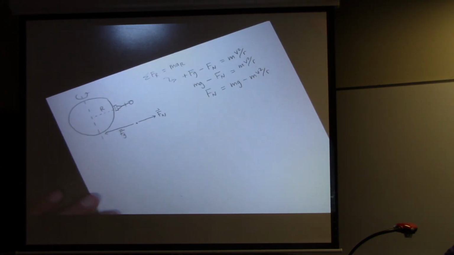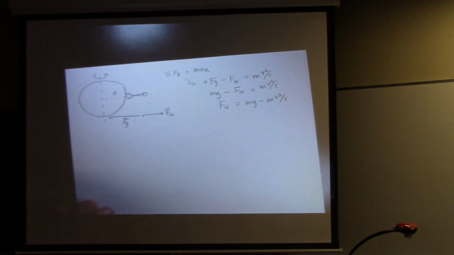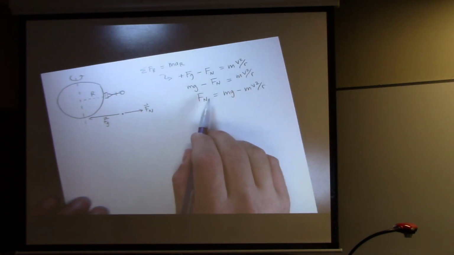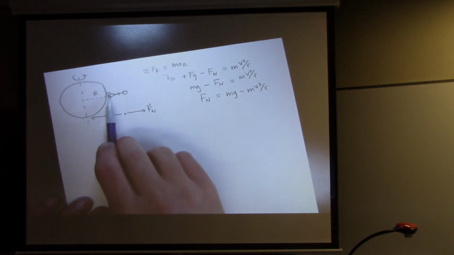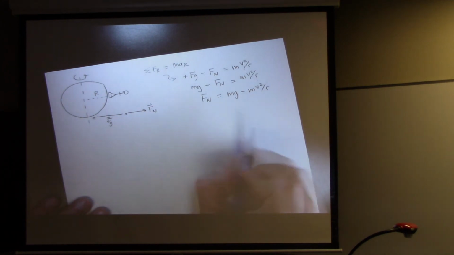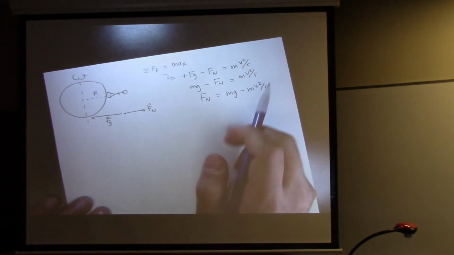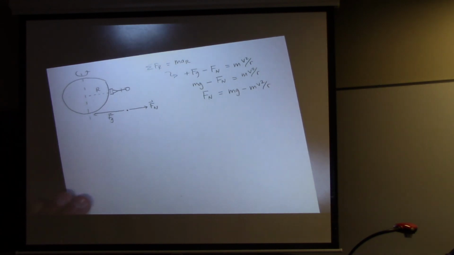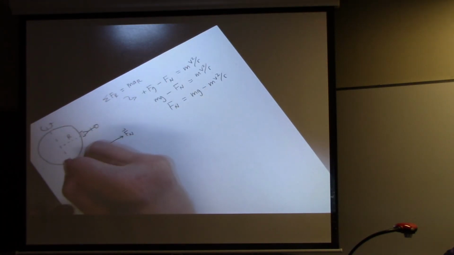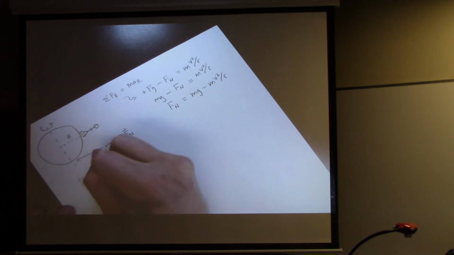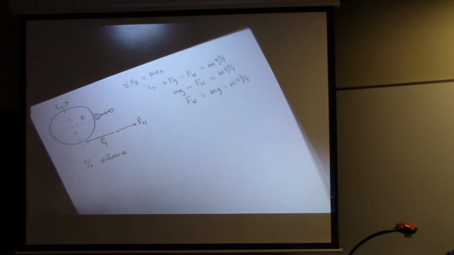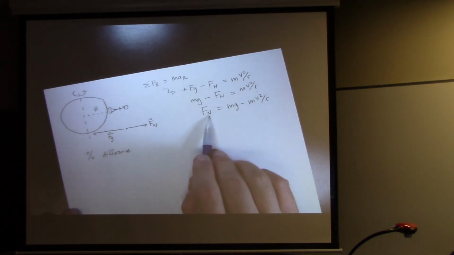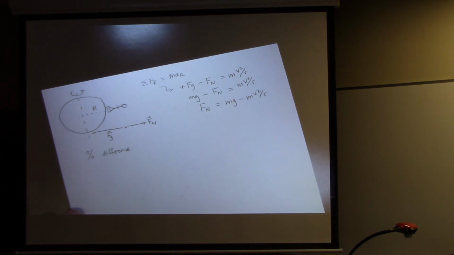Now, what this is telling you is the normal force, which is actually what the scale reads, is a little bit less than mg. It's mg minus mv squared over r. Okay, so let's actually think about this. There's a percent difference we can calculate between this normal force and m times g.